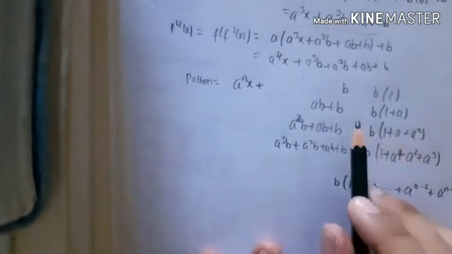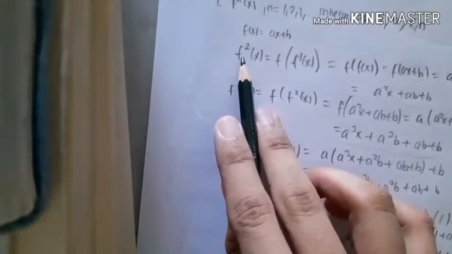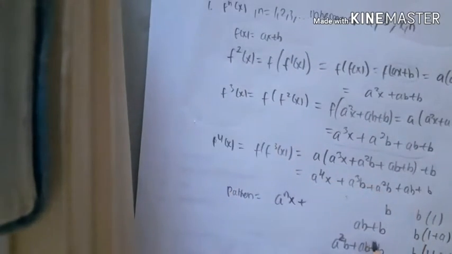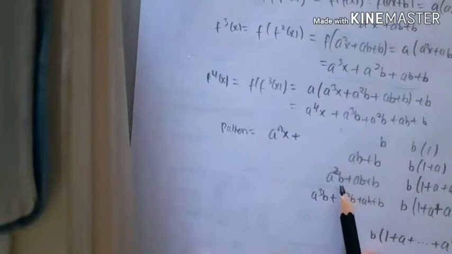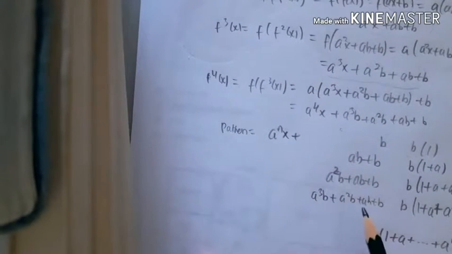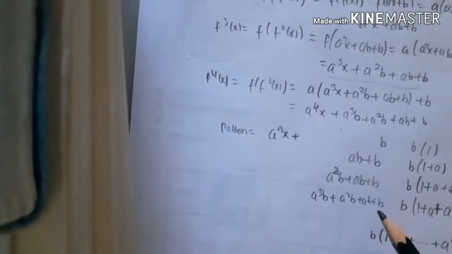So you know what I mean? When n is 2, we got only a to the power of 1 in ab plus b. When n is 3, we got a squared b. So this is n minus 1. Okay, so you got the point here.